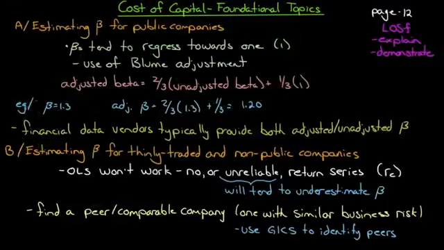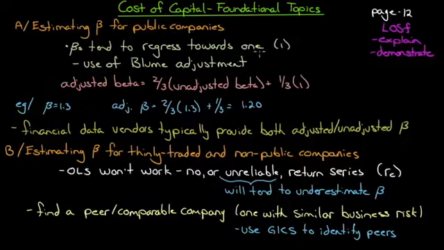One of the empirical regularities picked up about beta is that over time they tend to regress towards 1. Companies, as they grow and mature and stabilize, tend to develop a risk profile that is consistent with the market risk.